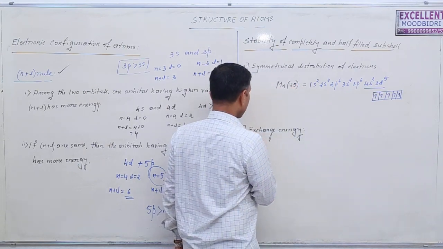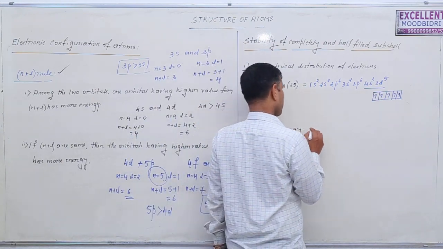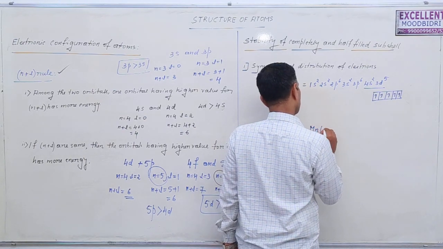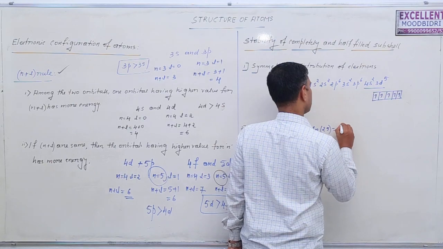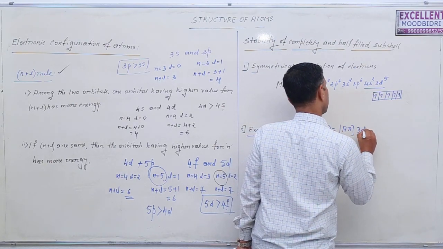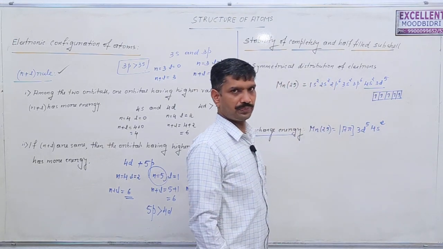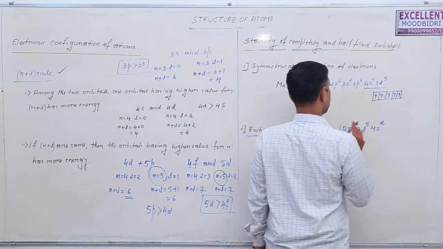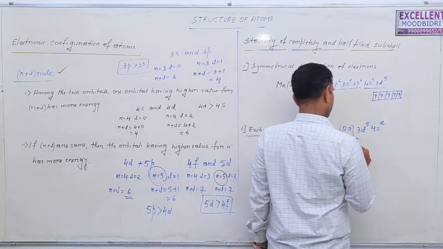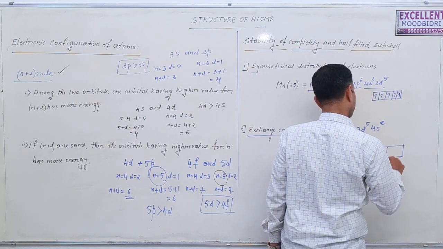The second one is exchange energy, maximum exchange energy. Suppose you consider a d5 system, the same example, manganese, atomic number 25. Its configuration can be written as argon, 3d5, 4s2. So here 3d5, how many maximum exchanges are possible? I name the orbitals as 1, 2, 3, 4, 5.